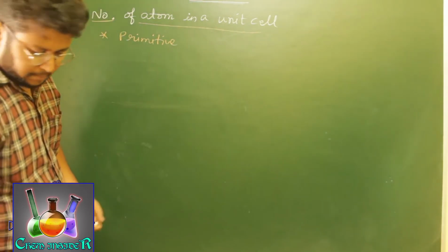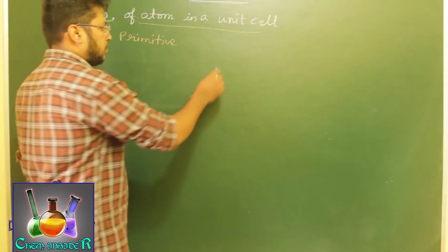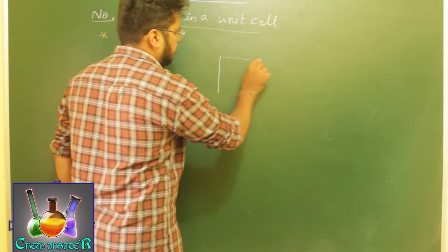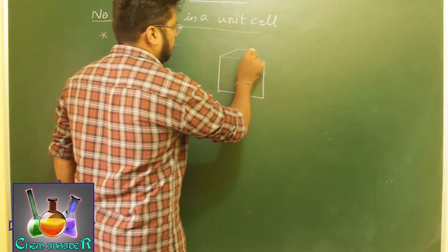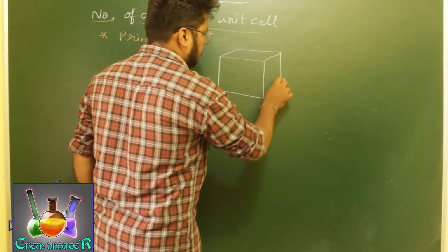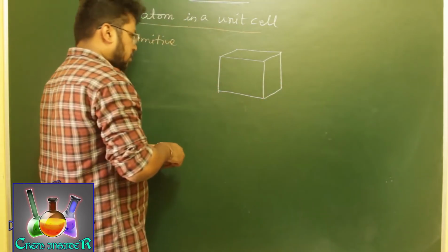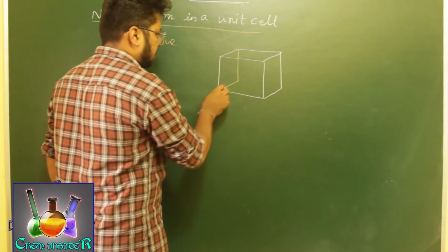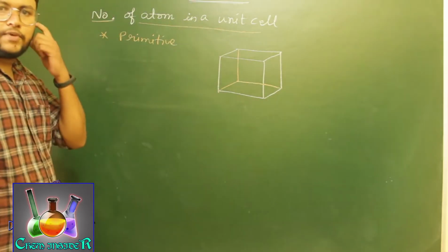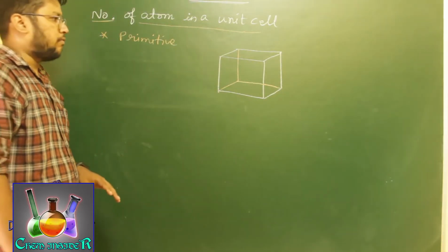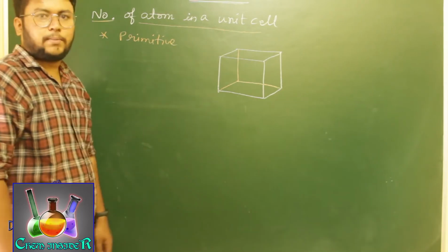As we know, let us consider a cubic unit cell. That is because the cubic regular shape of a unit cell carries these three, which are primitive, body centered and face centered. So primitive, body centered and face centered are quite commonly found in our cubic system.